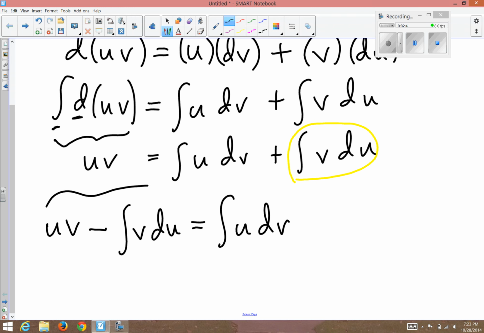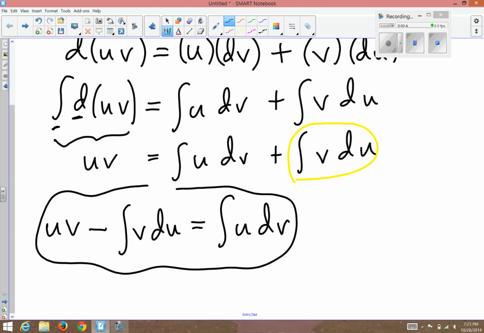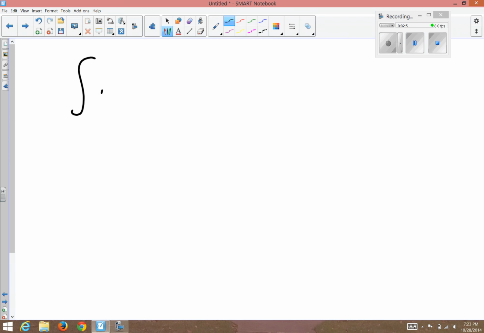So we're going to repeat this every time we do a problem. This is called integration by parts right here. So it's worth repeating: the integral of u dv equals uv minus the integral of v du.